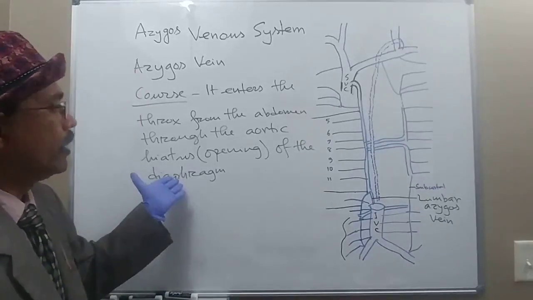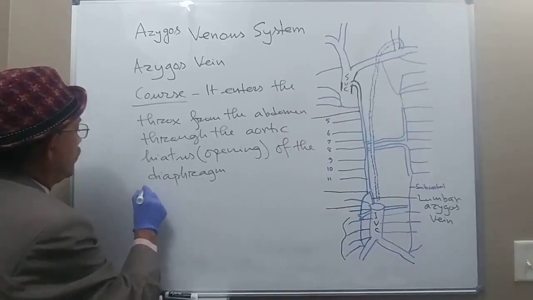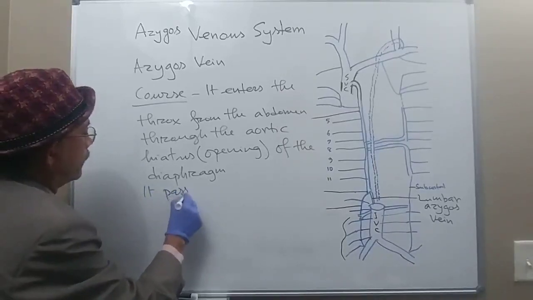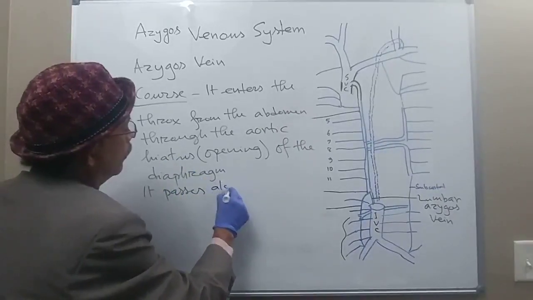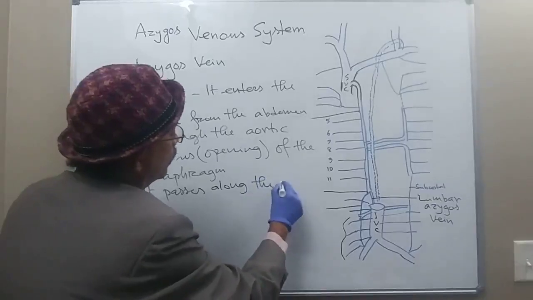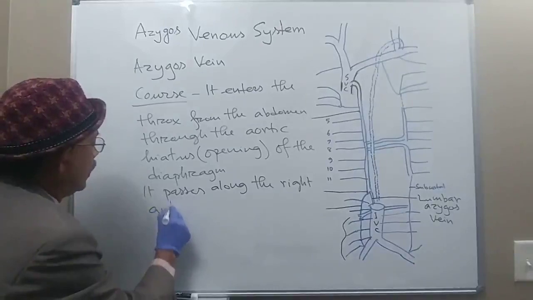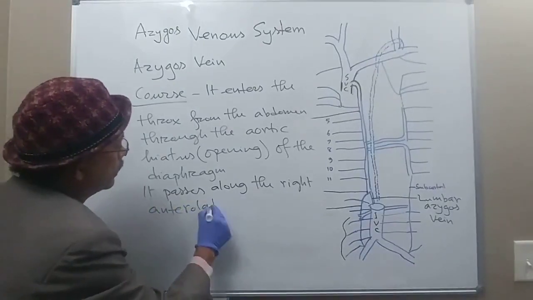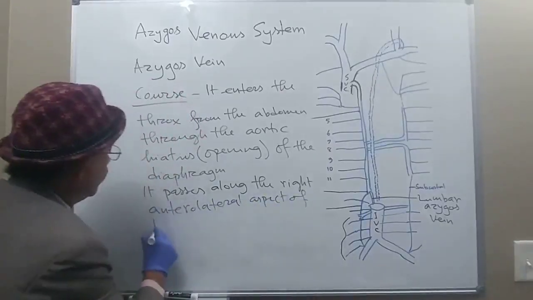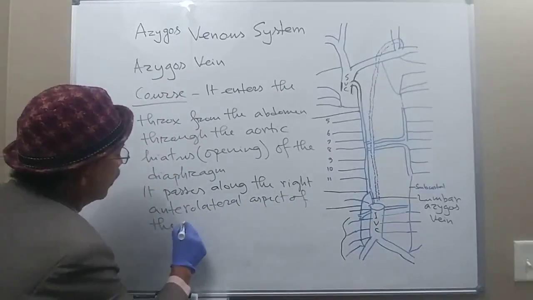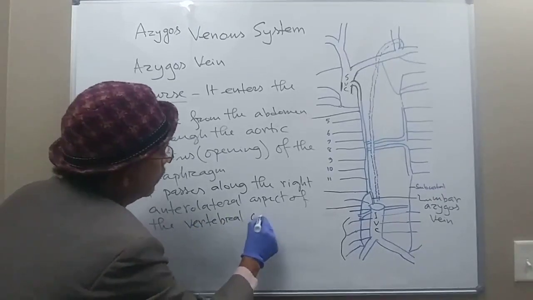So it is now in the thorax. Okay, so it passes along the right anterolateral aspect of the vertebral column of the thorax.